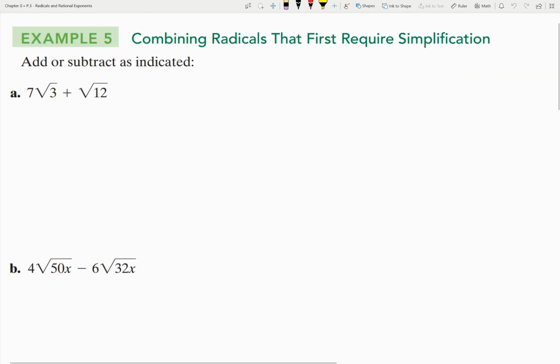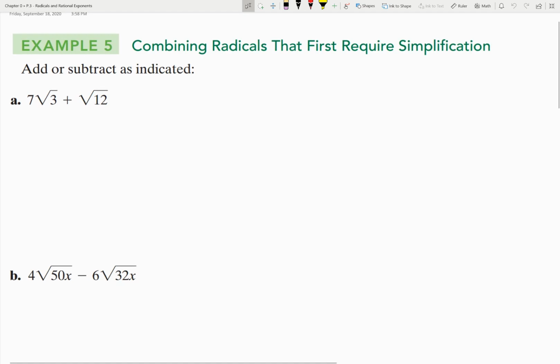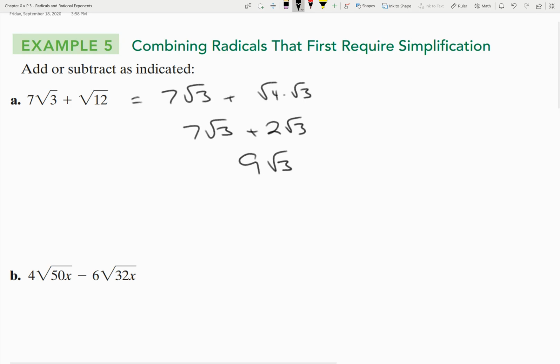So just looking at part A, I know that I can maybe do something if they were the same. So this is 7 radical 3, nothing I'm going to do about there. Oh, but the square root of 12 is the square root of 4 times the square root of 3, which means that square root of 4 turns into a 2, and we get 9 radical 3, 9 square root 3.